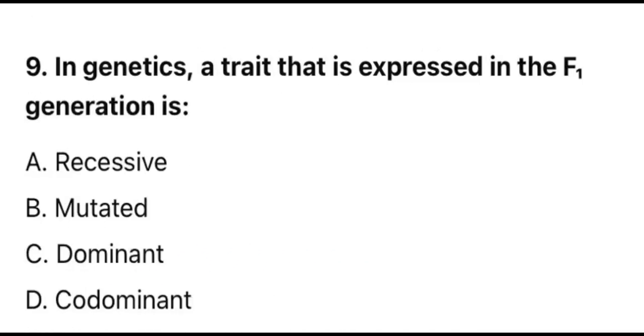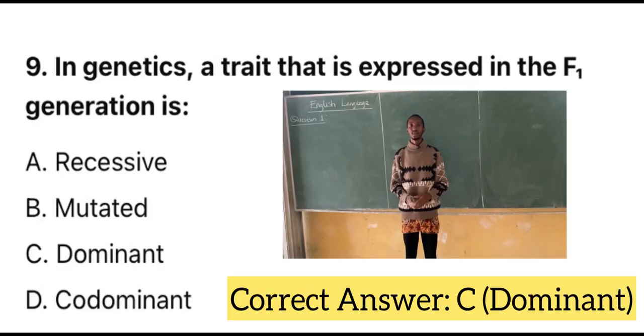Question number 9. In genetics, a trait that is expressed in the F1 generation is dash. A. Recessive. B. Mutated. C. Dominant. D. Codominant.